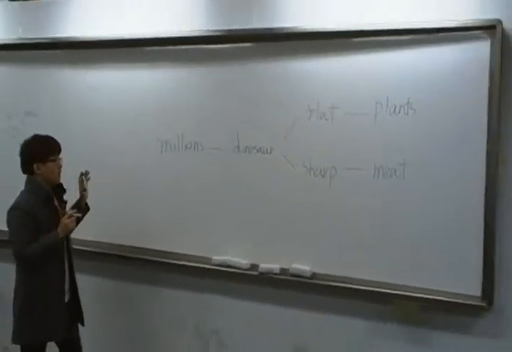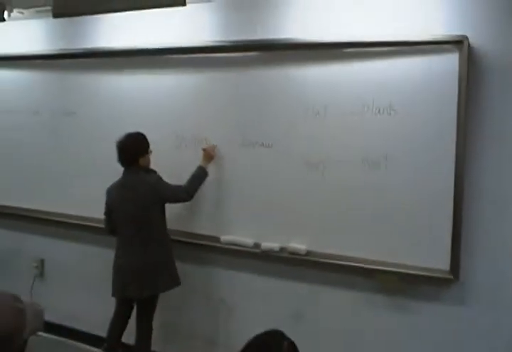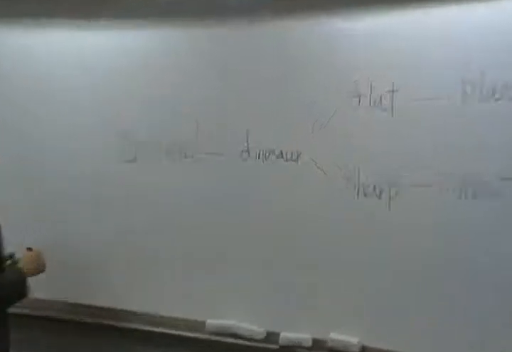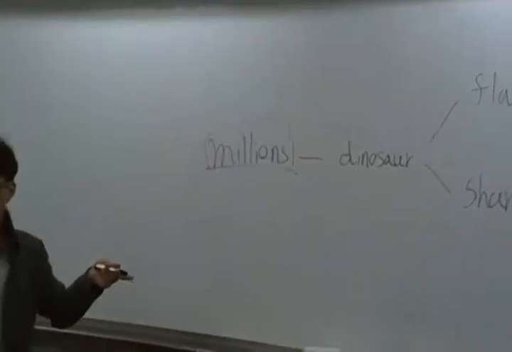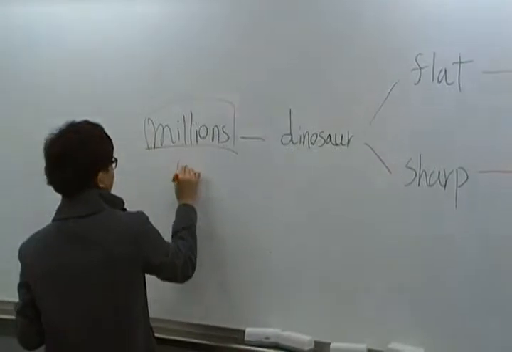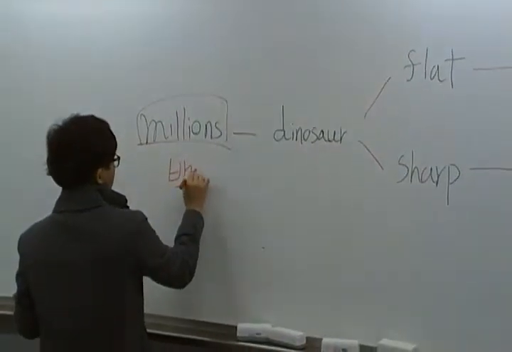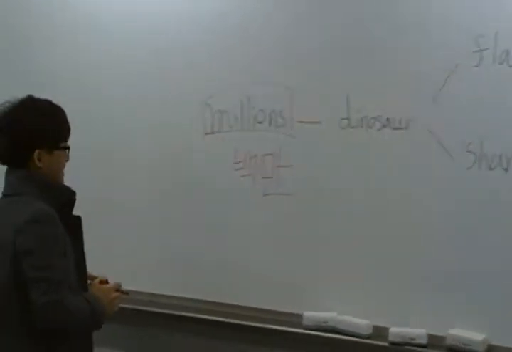So I'm going to start with millions, the first word. Can anyone tell me how we can say millions in Korean? So, okay, thank you for your help. In Korean, like this, 100만.